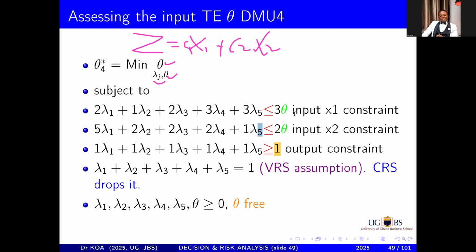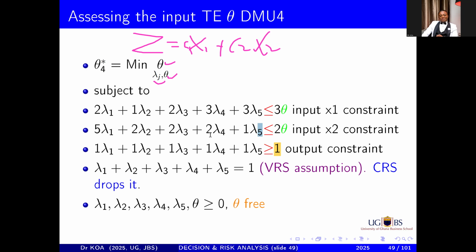There will always be more than 2 variables, unless you have only one DMU, in which case too, there is no comparison. If you have one DMU, it means that you have 2 lambda 1 and 5 lambda 1, and then nothing else. And then you have 3 theta and 2 theta. You can move these to the left-hand side equal to 0, but again, you're not going to get anything.